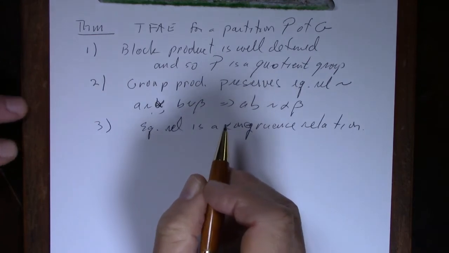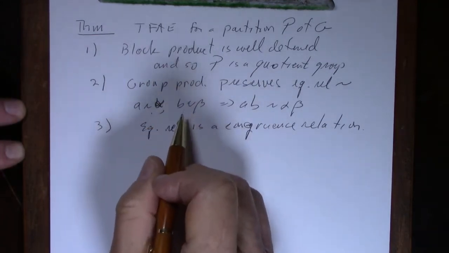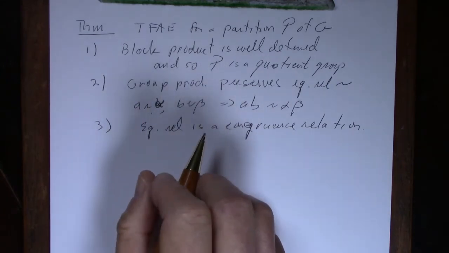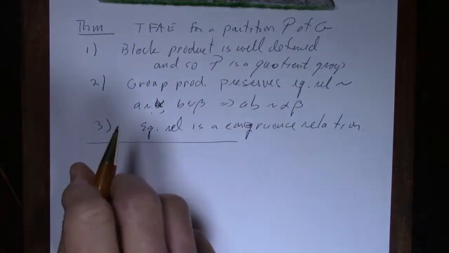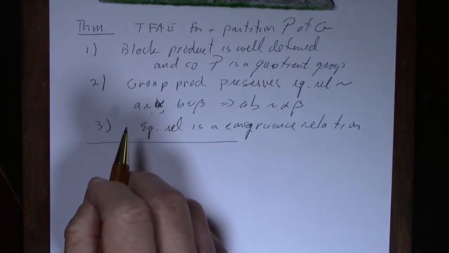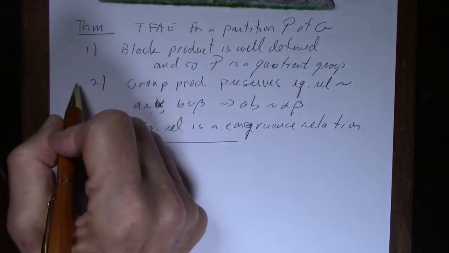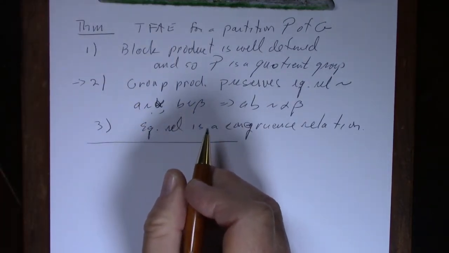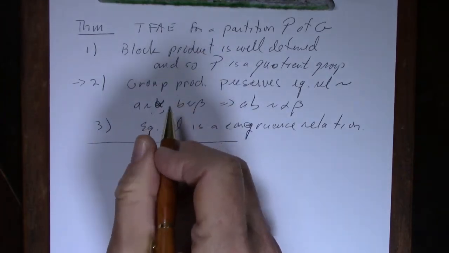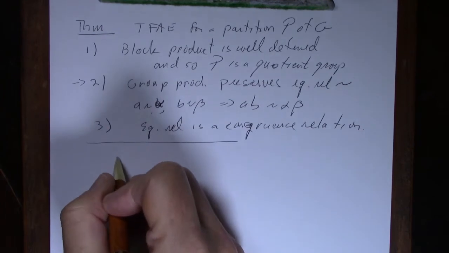But we can do better. We need to look more deeply into these conditions to try to understand what's really going on here. How else can we describe preservation under the group product, for example? This is number 2 here. Well, certainly we can see from this condition a special case.